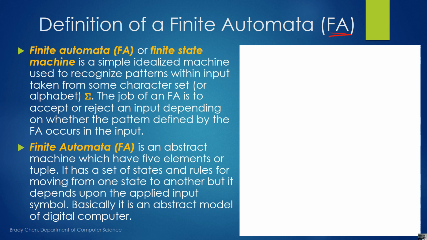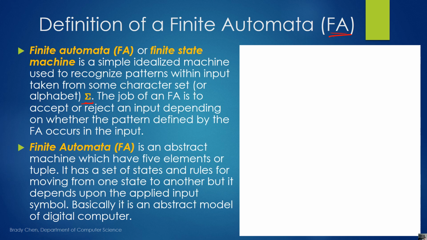Finite automata, or sometimes we call it the finite state machine, is a simple idealized machine used to recognize patterns within input taken from some character set, which we call alphabet or sigma. Now the job of the FA, the finite automata, is to accept or reject an input depending on whether the pattern defined by the FA occurs in the input.